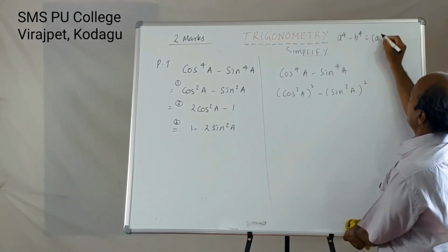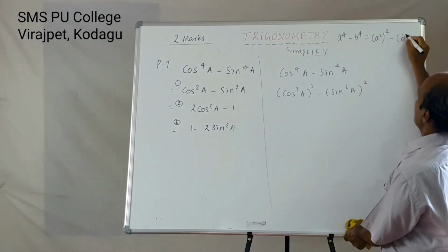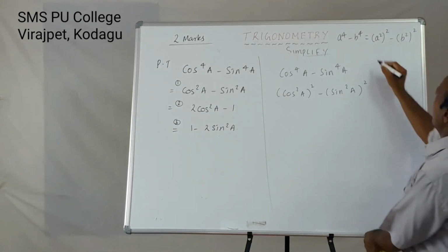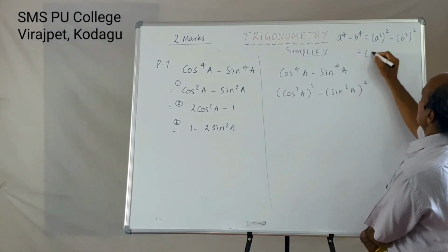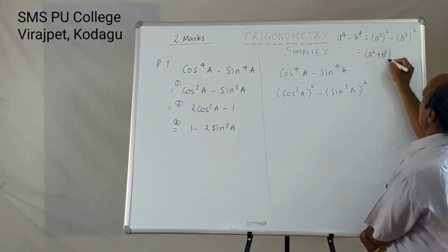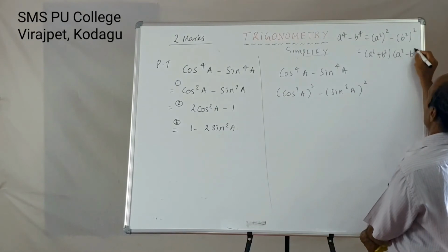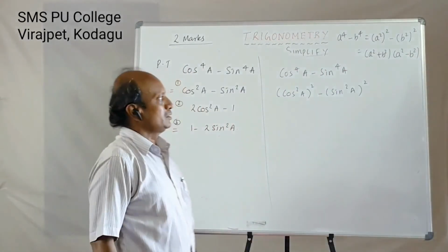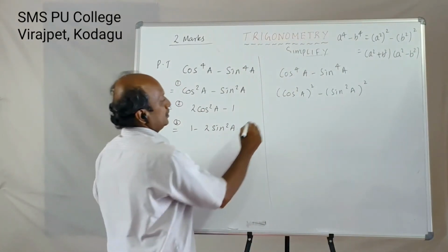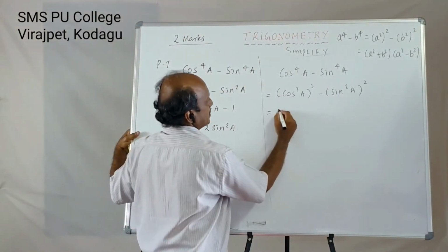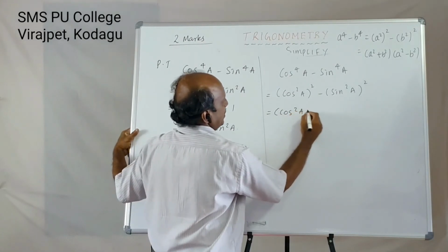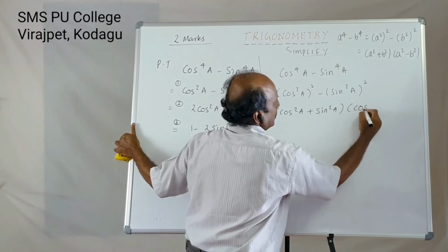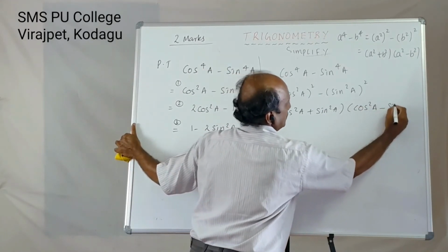You can write it as a square whole square minus b square whole square. Further, you can write this as a square plus b square into a square minus b square. The same algebraic identity I am going to apply while solving this trigonometric problem. This further I can write as cos square a plus sin square a into cos square a minus sin square a.